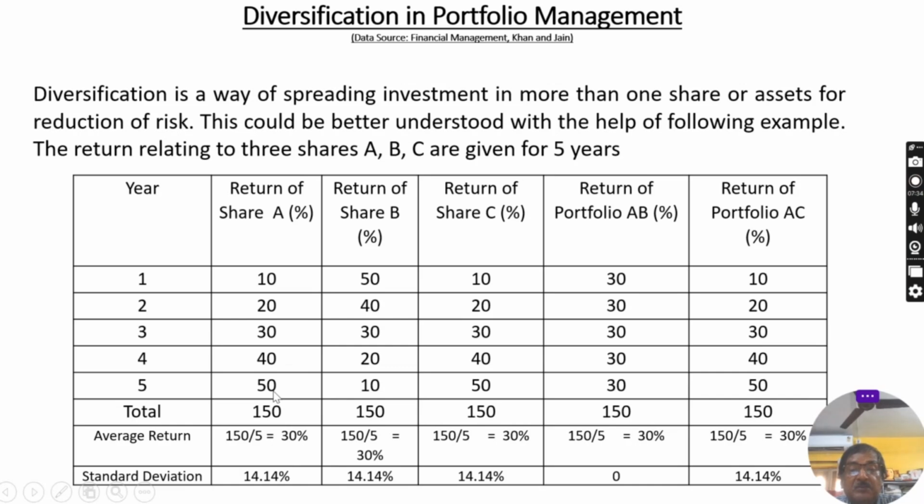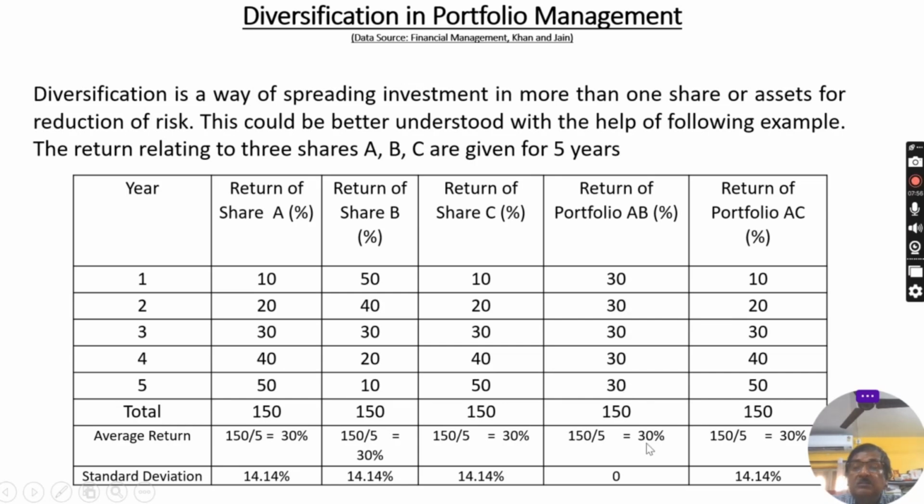You can check for the fifth year also: half of 50 plus half of 10, that is 25 plus 5 is 30. That means every year you will get a return of 30 if you invest in the portfolio form. That means the average return is again 30%.